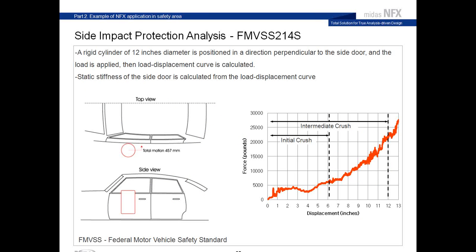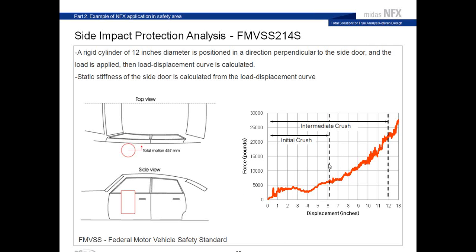Now we'll do a series of side impacts, different types of impact actually. The first one is the side impact on the door of the car. The way to do that is to take a rigid cylinder of 12 inches which is positioned perpendicular to the side door, and then we apply the displacement on it in order to see the reaction force of the door.